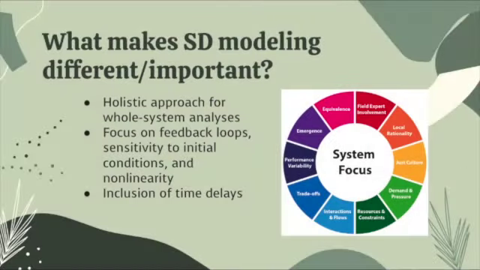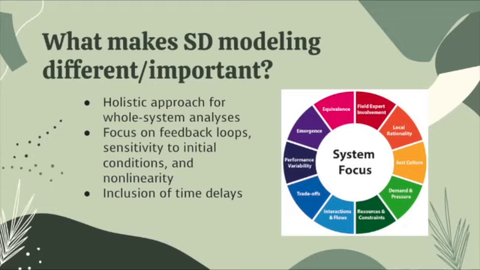So first of all, what makes system dynamics modeling different from other kinds of modeling? It takes a very holistic approach, looking at whole system analyses, contrasting from other kinds of modeling that are often more reductionistic and only focus on one or some of the components of a larger system. In addition, system dynamics models are really great at picking up on feedback loops where the outcome of a system is affected by the system's behavior.